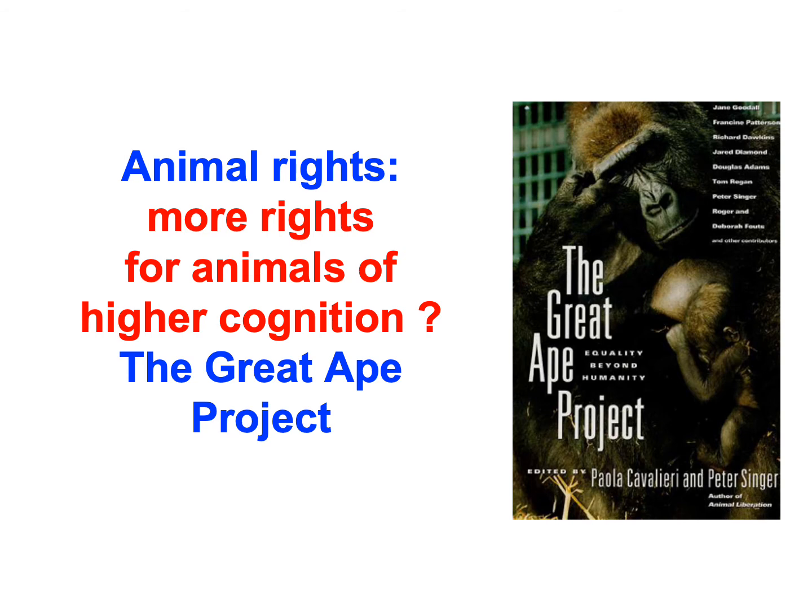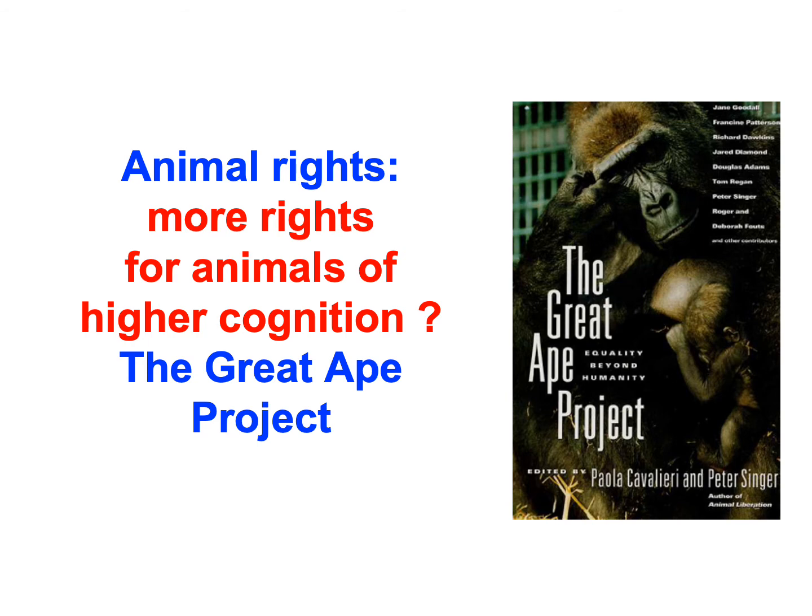Yes, the question and the idea arises of more rights for animals of higher cognition. For example, the Great Ape Project, also in the form of a book, which Paola Cavalieri and Peter Singer wrote.